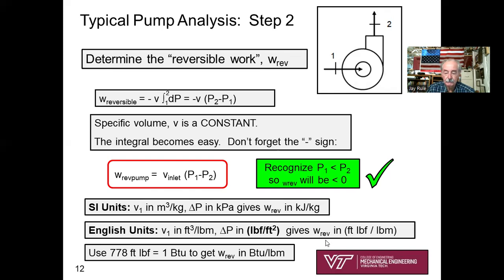Nearly all of my career, except for 1 year, was totally in the English system. So I've got to remember, if I need W reversible pump in BTUs per pound, which is what I always do, I've got to use that identity in English, 778 foot-pounds force equals 1 BTU, because I need my work reversible in BTUs per pound. That is a common thing that undergraduates overlook.